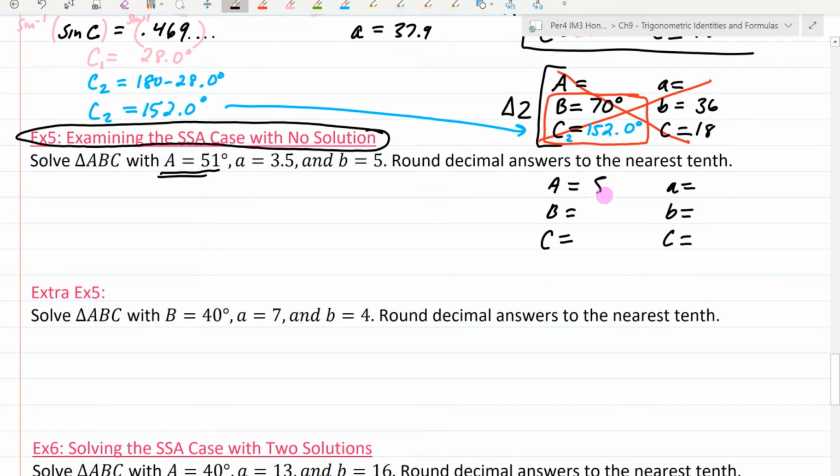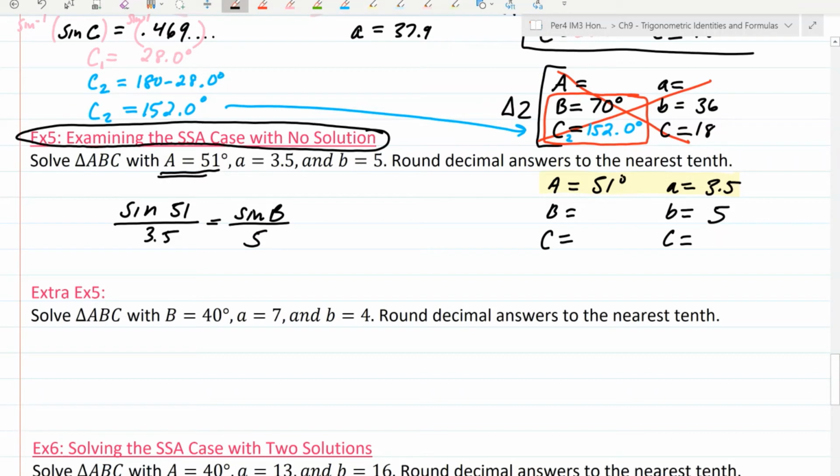So A is 51 degrees. Side A is 3.5. Side B is 5. So when you do the law of sines, you're going to get sine of 51 over 3.5 equals sine of B over 5.